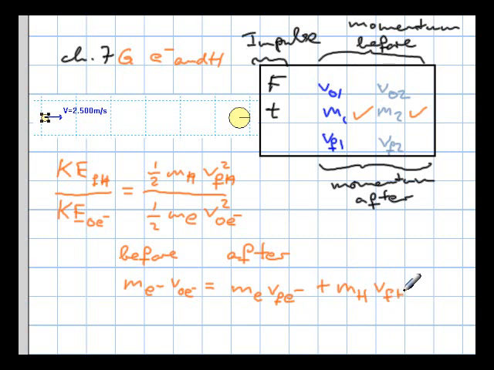Now at this point, it already gets interesting. We have the original velocity of the electron, we have the final velocity of the hydrogen, and now we have a third velocity for the electron.